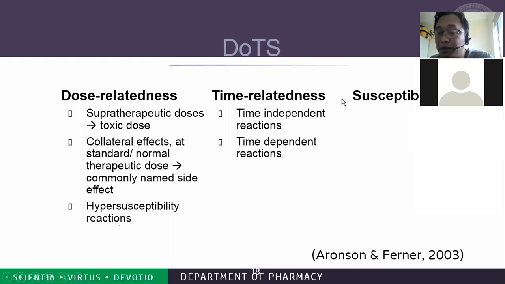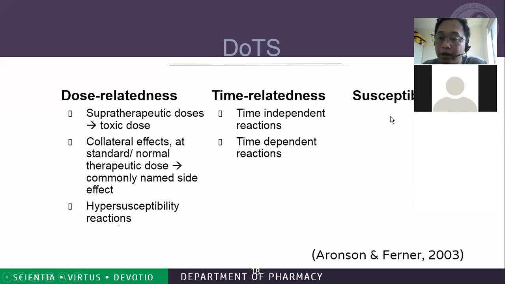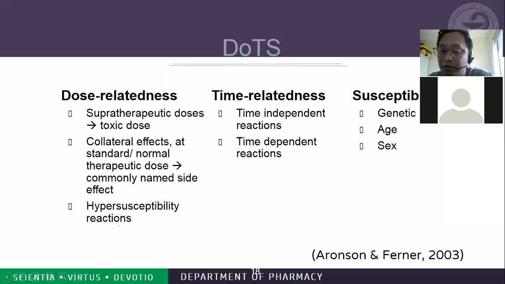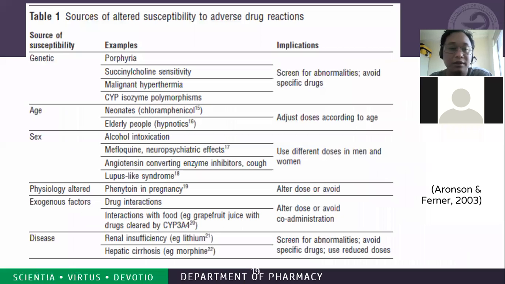For the susceptibility, there are a lot of risk factors that can be related to adverse drug reactions, such as genetic, age, sex, alteration of physiology, for example in pregnant women or people with certain conditions, some exogenous factors, and also disease.